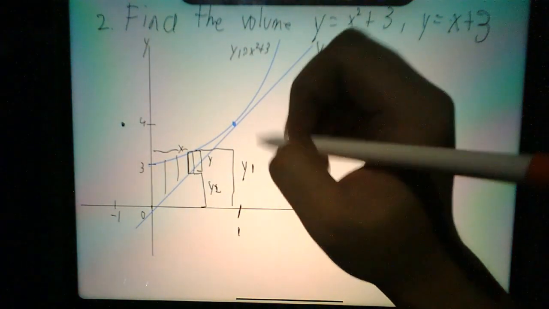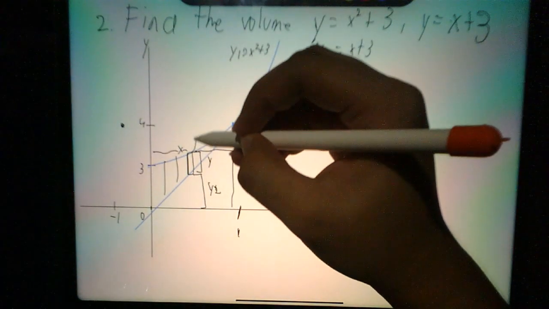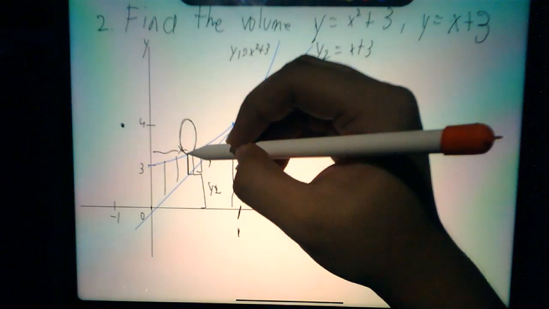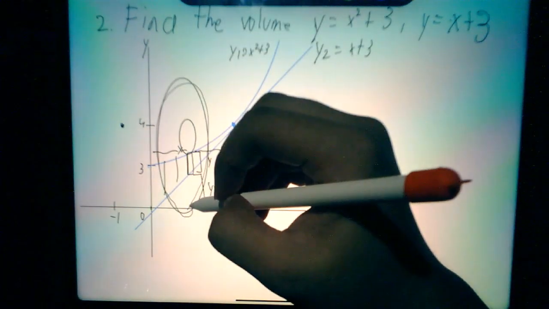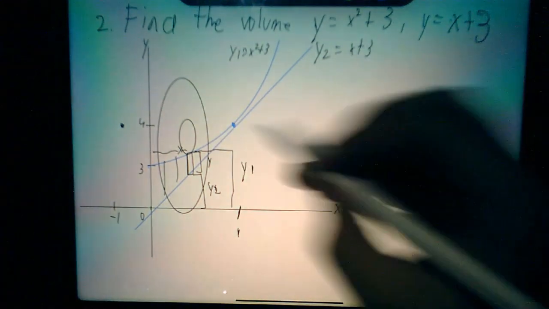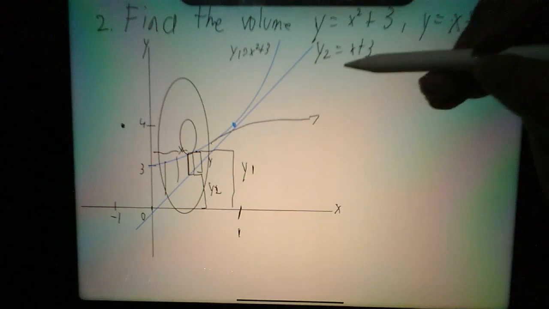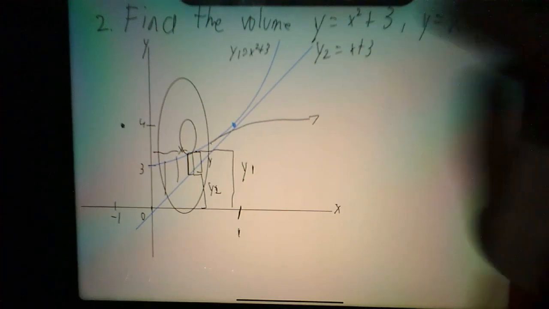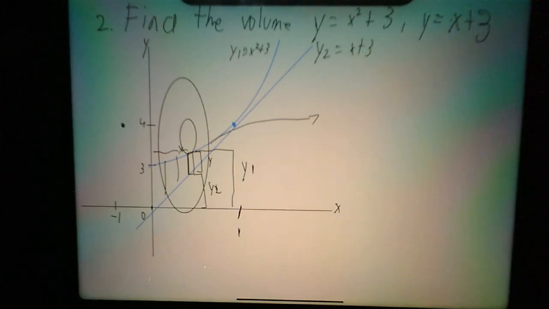Let's put a circle here, and let's take out our solid slice.